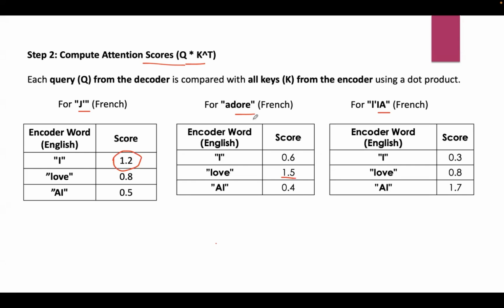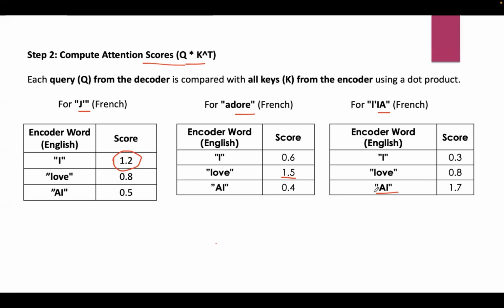So it means this word adore strongly focuses on the word love in the encoder. Similarly, for the third word, the highest attention is for the word AI. So this IA strongly focuses on the word AI in the encoder.